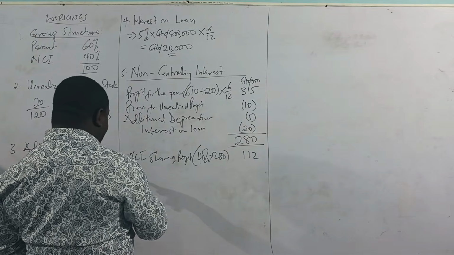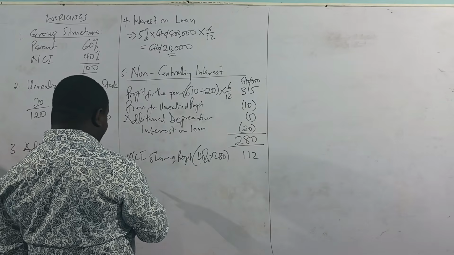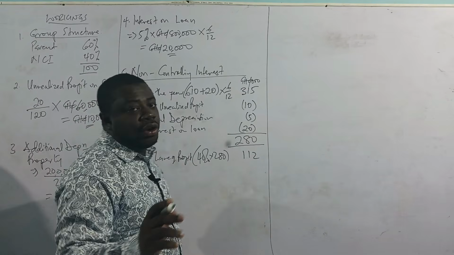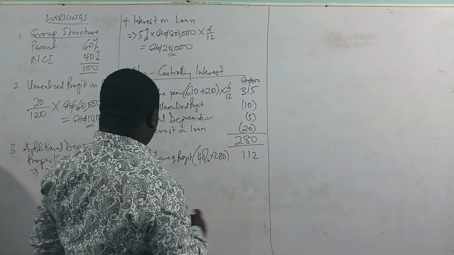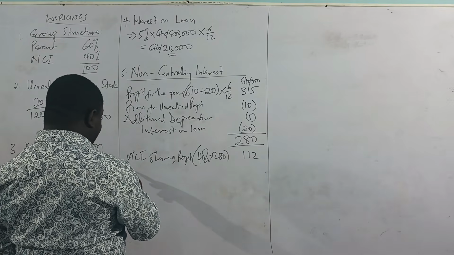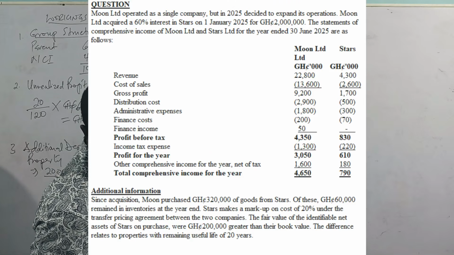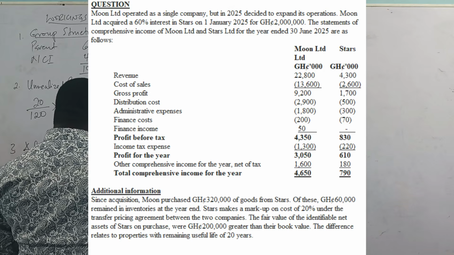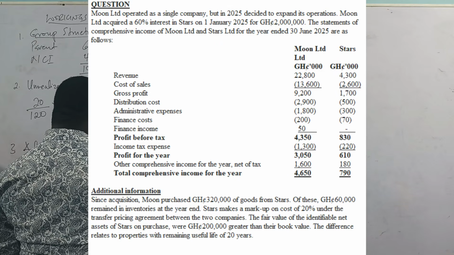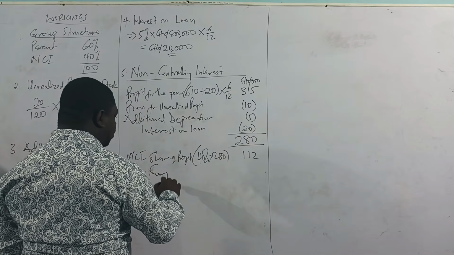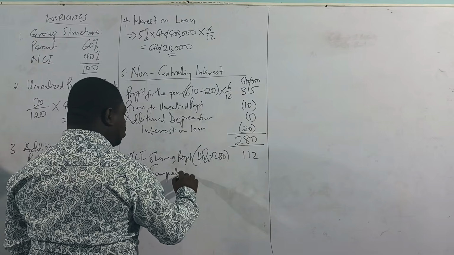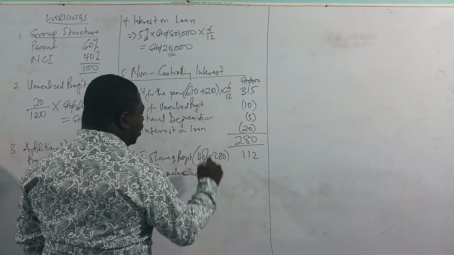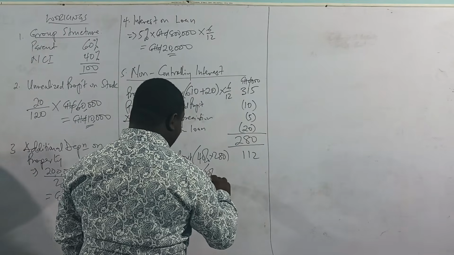Then we can also find the NCI share of the comprehensive income. So their share of other comprehensive income is also going to be 40% of.